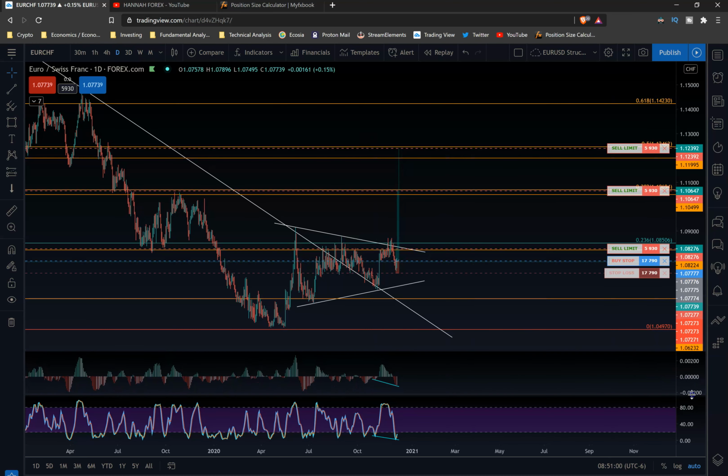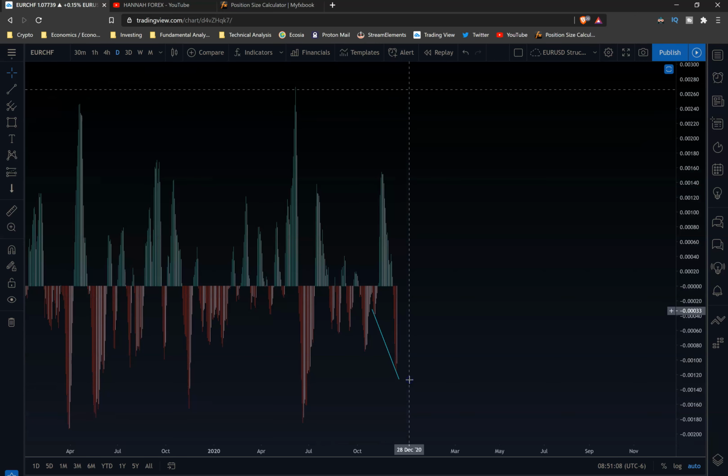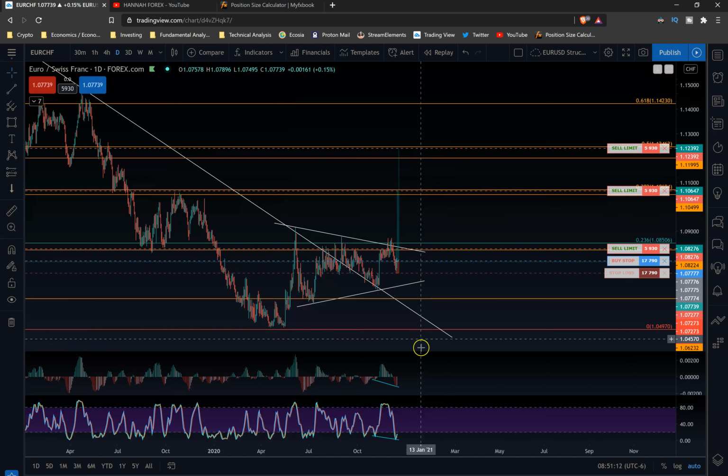We have some hidden bullish divergence both on the MACD and the stochastic. Let's blow up this MACD. We have waning negative momentum on the MACD, and on the stochastic we are in oversold territory. Both have hidden bullish divergence on the daily.